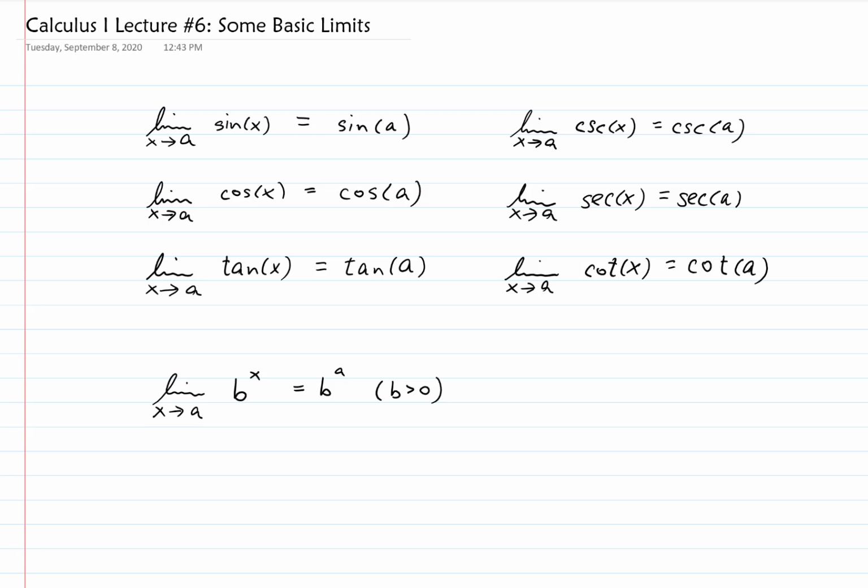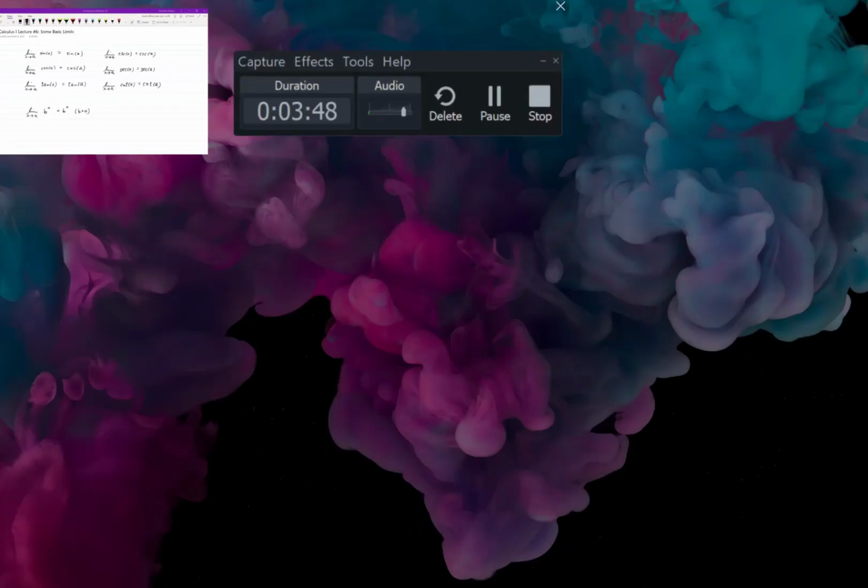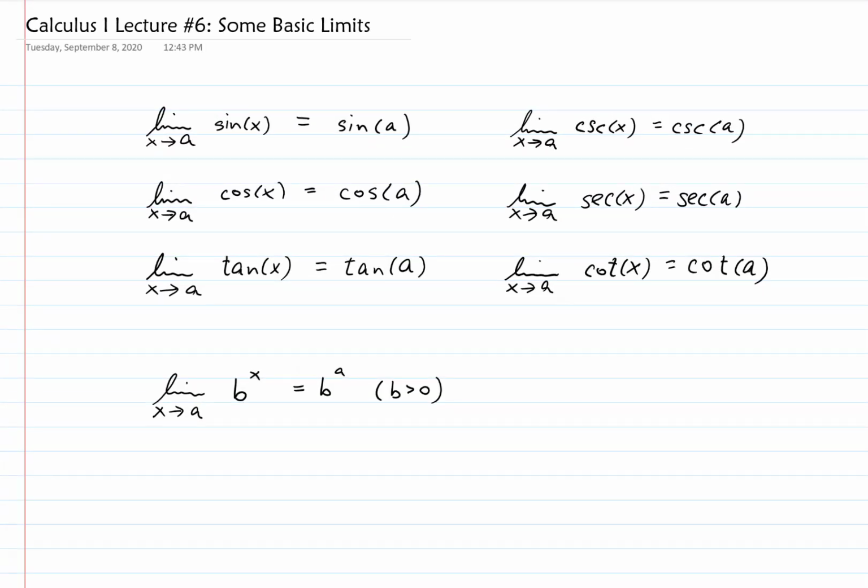Okay, this is also true for logarithms. You want to do the limit. I'm just going to write natural log, but it's true for any logarithm. Okay, the limit of the natural log of x as x approaches a would be natural log of a, assuming a is positive in this case because the domain of natural log is positive numbers.